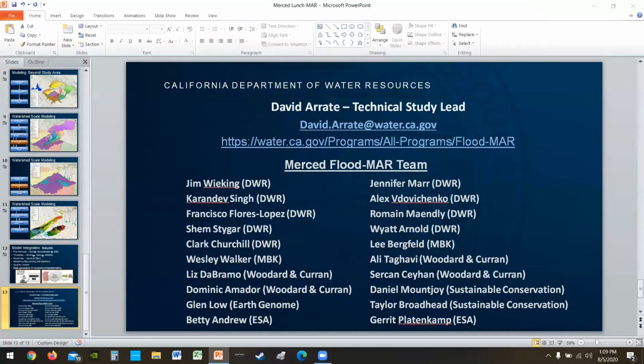Okay, and we have interest in pursuing a pilot project under FloodMAR in one of our own systems, and we're initially thinking of targeted field studies and measurements and analyses, a little bit of modeling, but one-dimensional modeling, perhaps point-based.